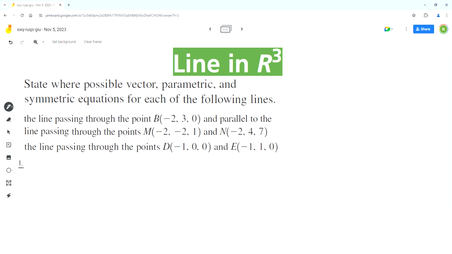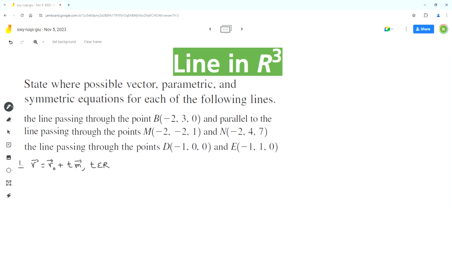The general equation of a line in vector form is r equals r0 plus t m. In this equation, vector r represents position vector of an unknown point that lies on the line.